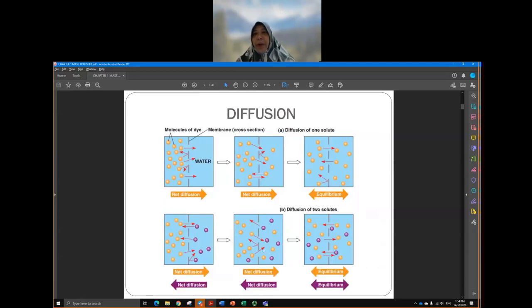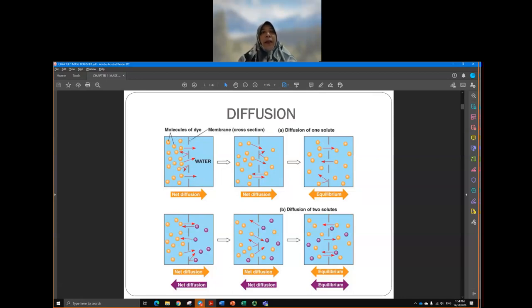The next topic is diffusion, which is related to mass transfer. We're going to make the scope smaller and talk about how diffusion occurs. Here we have a situation with only one type of particle, one species only.